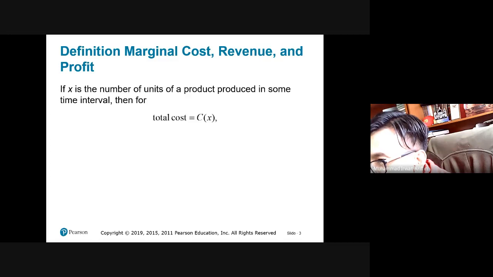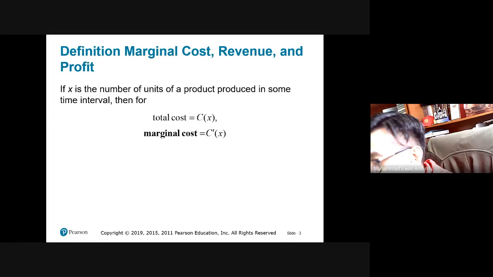Logically, if we produce more, what would happen to our cost? It will go up, isn't it? The more that we produce, the higher the costs we incur. That's the basic relationship between x, the number of products, and total cost.